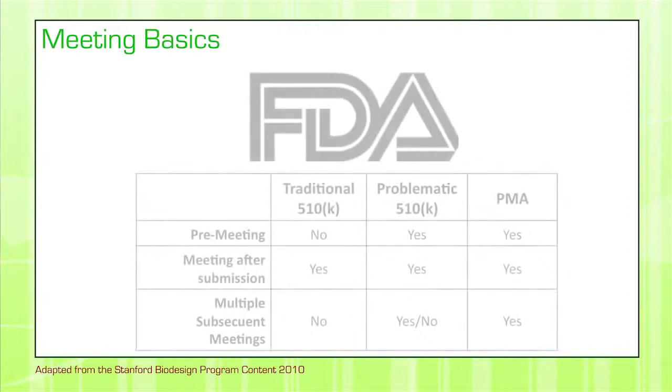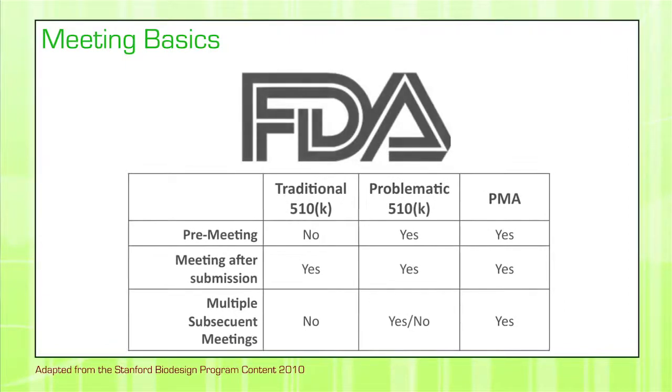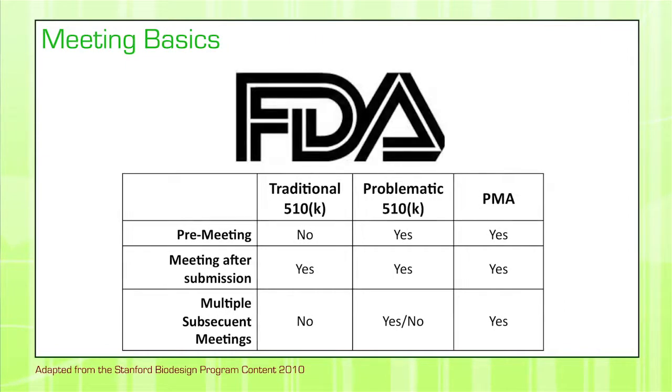Okay, if we think again about how the FDA traditionally looks at these products and how you have to approach this institution, it is important to consider that a meeting or subsequent meetings might be important, but you also have to realize that approaching the FDA in the wrong way might actually give you more trouble than the advantages it may have.